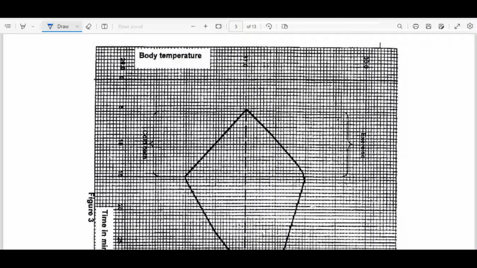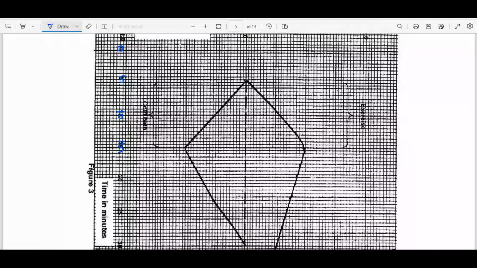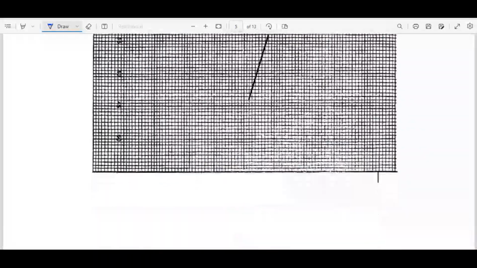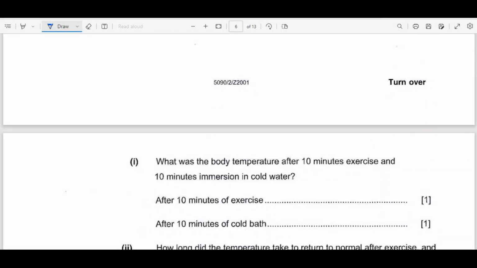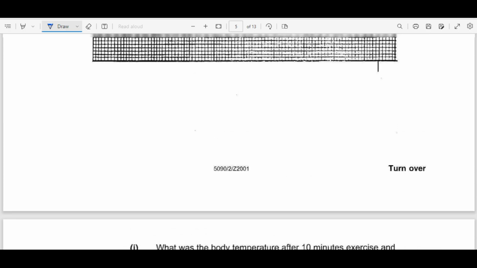So we have some numbers: 0, 5, 10, 15, 20, like that. Now let's look at the first question. What was the body temperature after 10 minutes of exercise and 10 minutes of immersion in cold water? So after 10 minutes of exercise, we want to look at the body temperature.